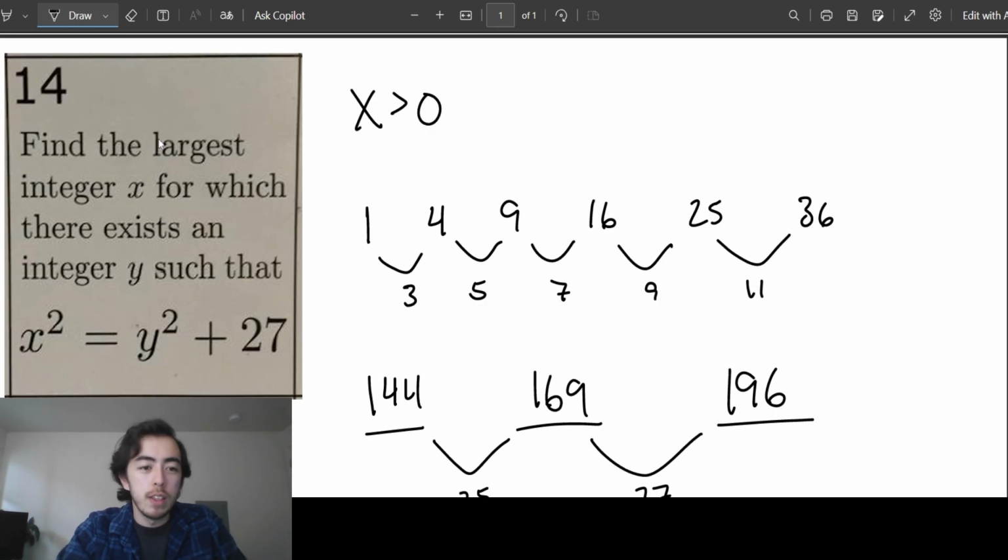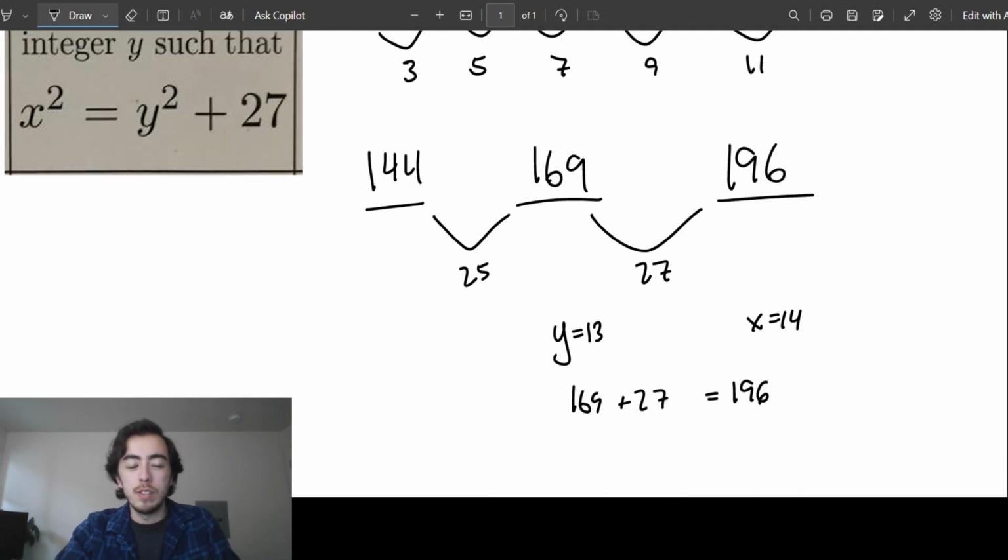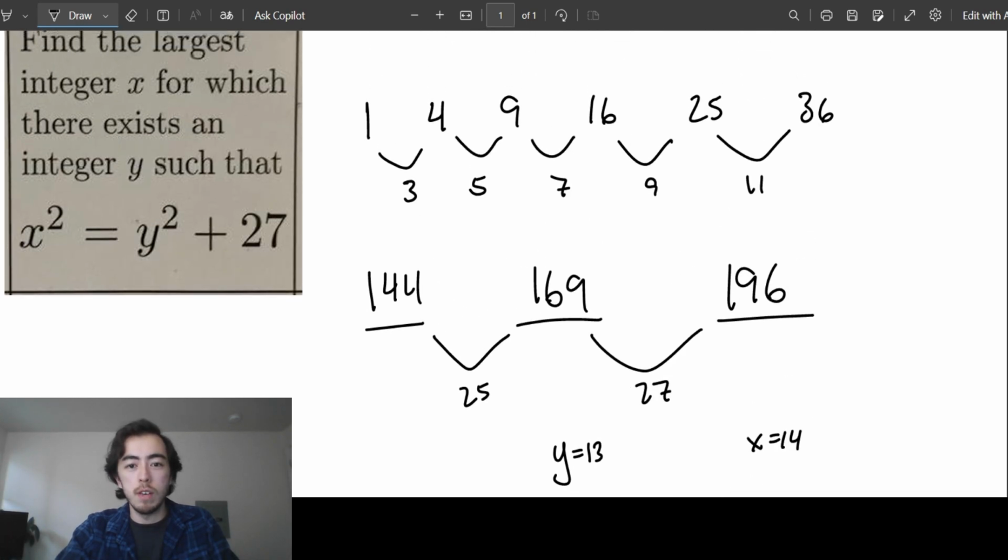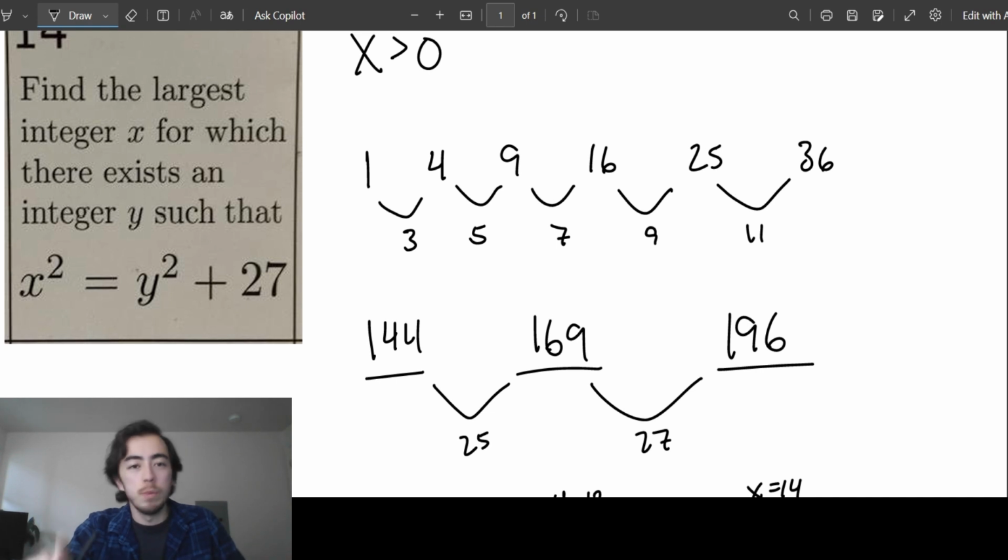But it does say find the largest integer x for which there exists an integer y such that this equation is true. I still haven't proven this statement yet, because it is totally possible that another 2 square numbers have this difference of 27. But let's think about it.